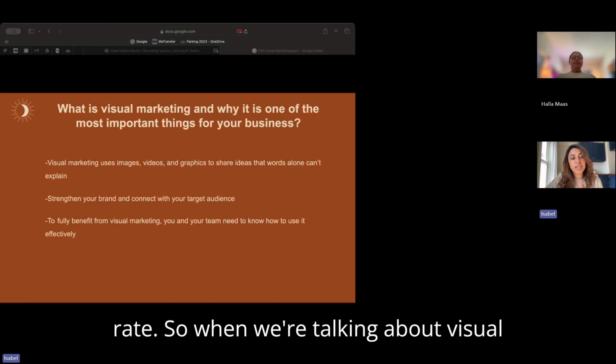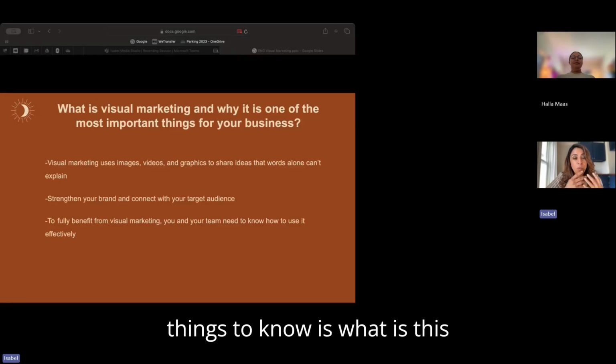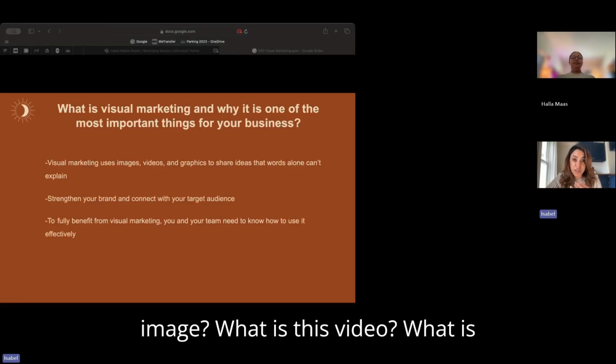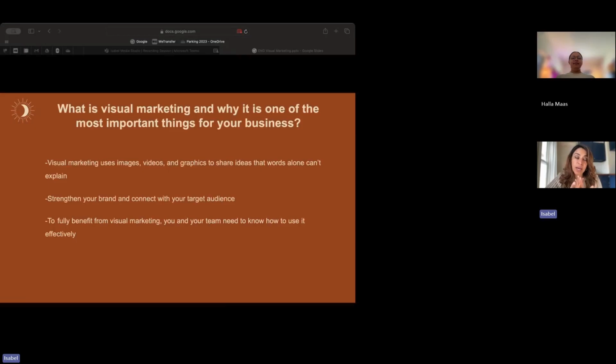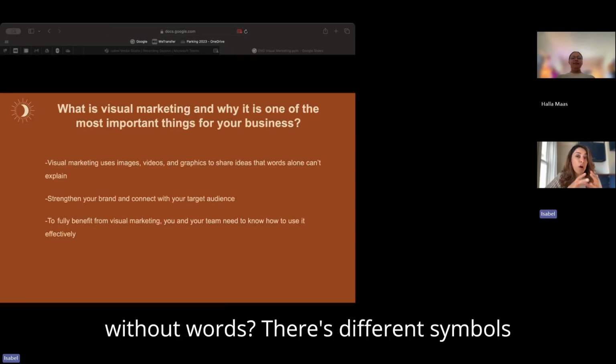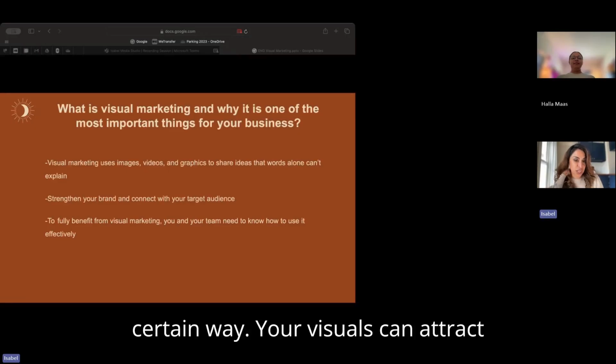So when we're talking about visual marketing, one of the most important things to know is what these images, this video, this photography or these graphics are communicating to you without words. There are different symbols that will make you feel a certain way, think a certain way, or attract your attention.